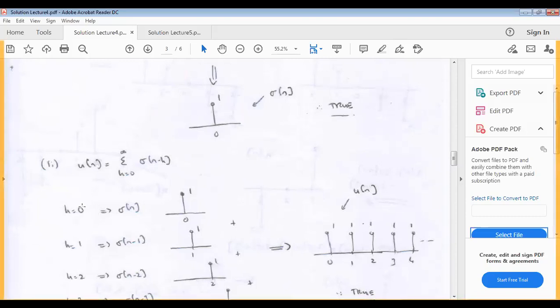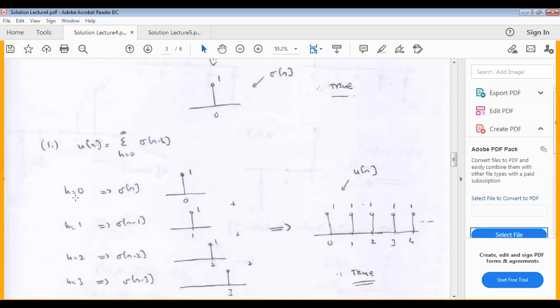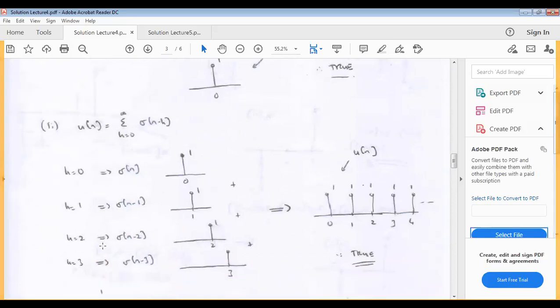For instance, we start with k equals 0. We have only delta[n], which is a straight line at n equals 0 with an amplitude of 1. If k equals 1, this is the impulse shifted by 1 unit to the right. So we have this signal. If k equals 2, we have a shift by 2 units to the right.